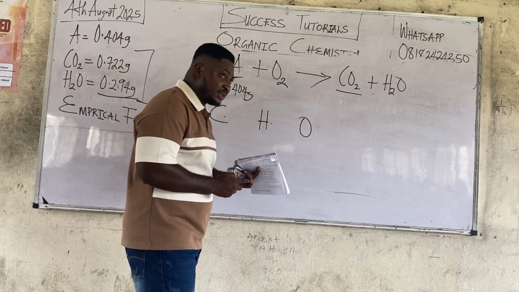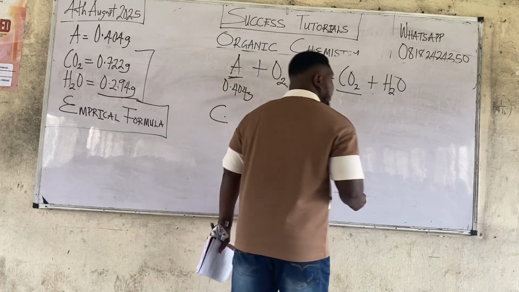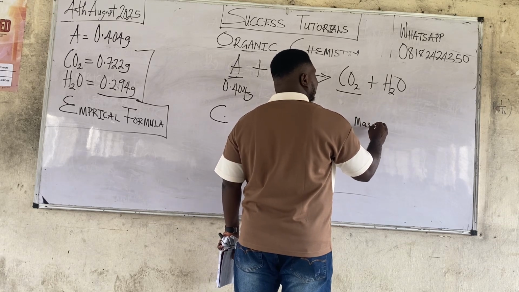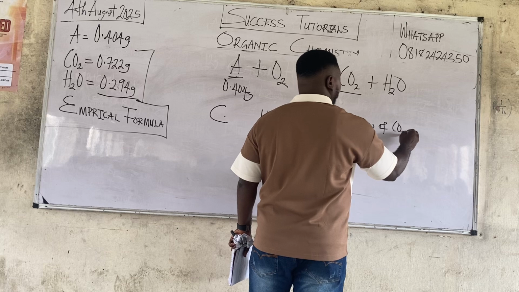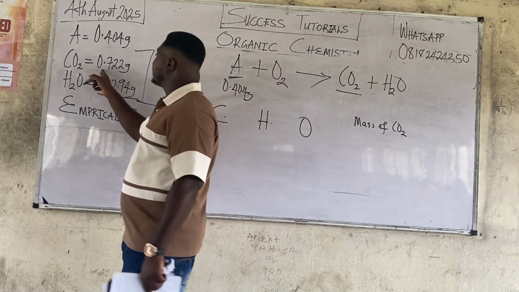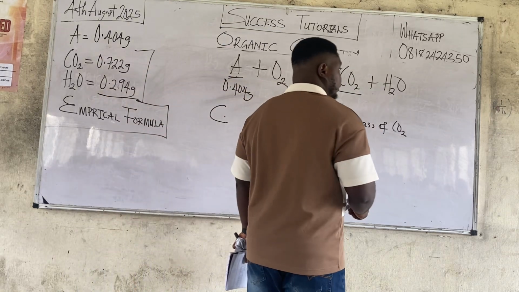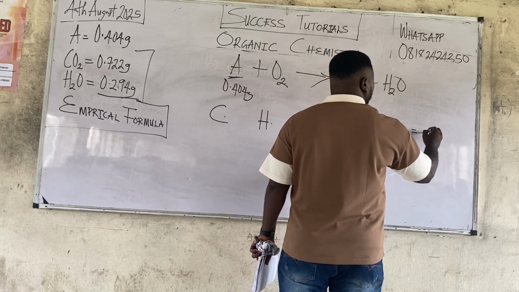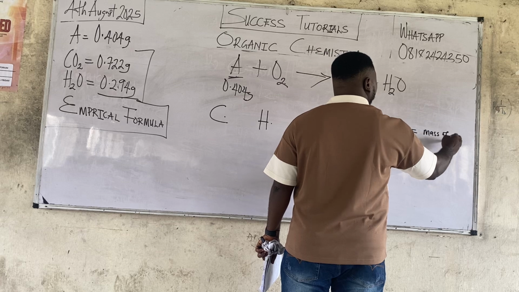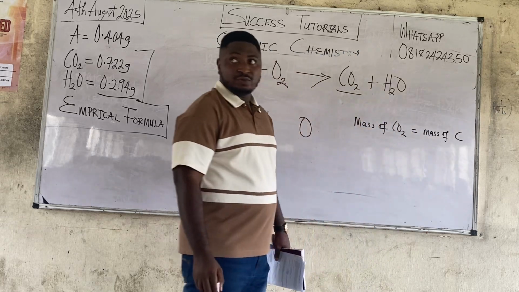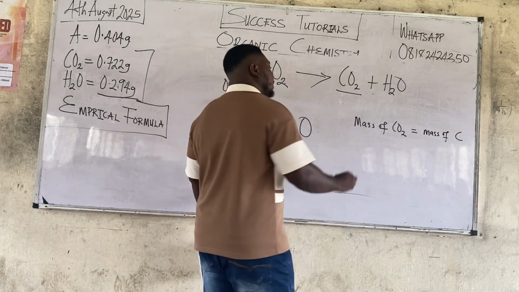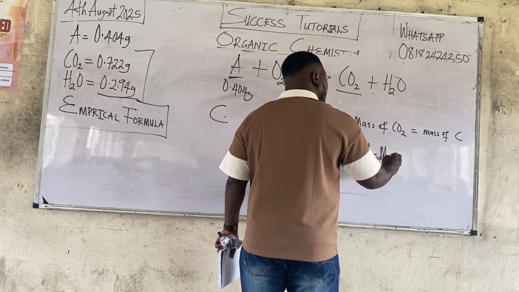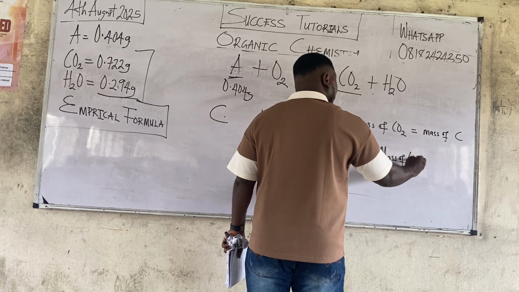How do we go about it? Follow me. We have the mass of CO2, 0.722. And on this side, we are looking for the mass of carbon, right? We don't know it. Class, on the second step, the molar mass of CO2, can it be obtained?